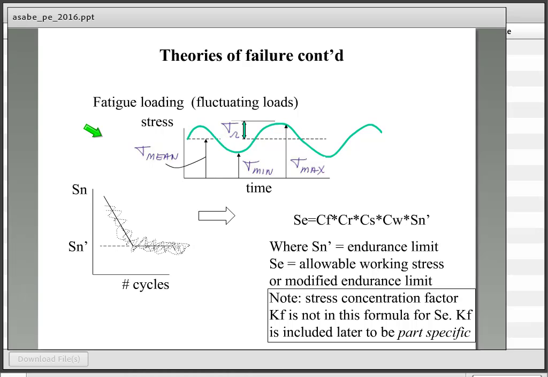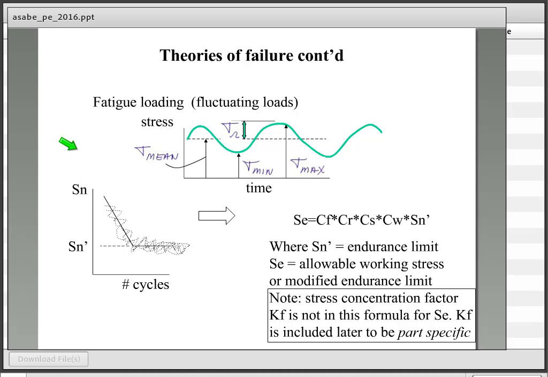And so we'd have a situation where we've got cyclical stresses occurring. And that takes us into a realm which is somewhat different from designing for static loads.